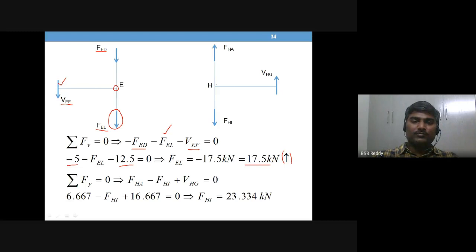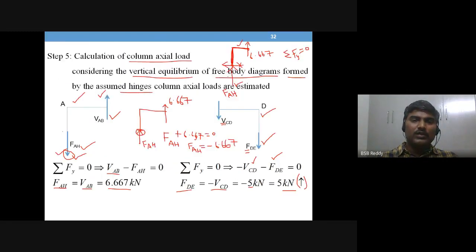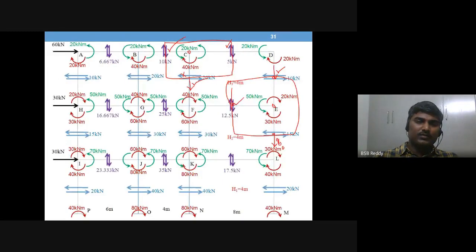Same way, H, you have to consider joint H. So where that H is the leftmost joint, we have gone for this joint. Same way, take this part of an inverted rotated T joint. This is like T rotated.